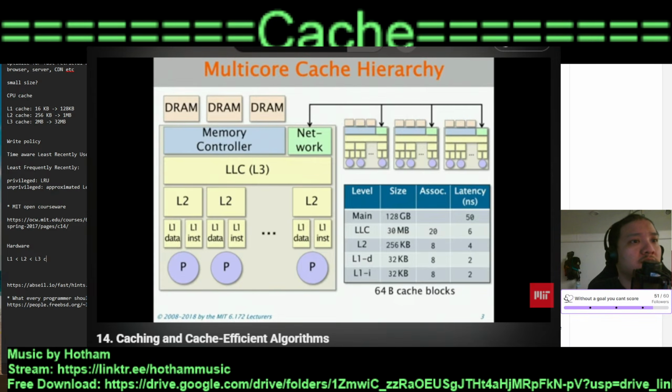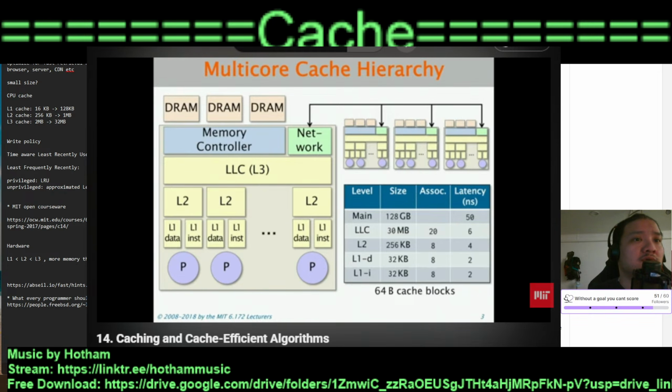More memory, the closer it is to the CPU.